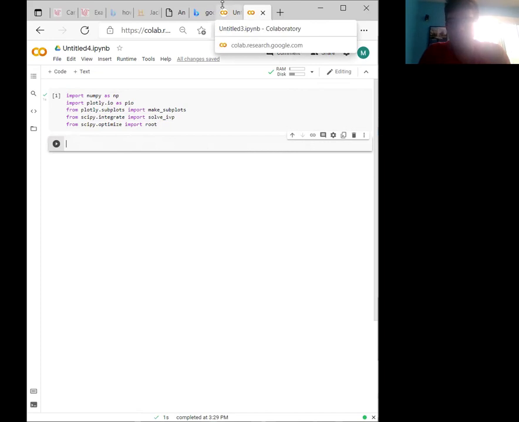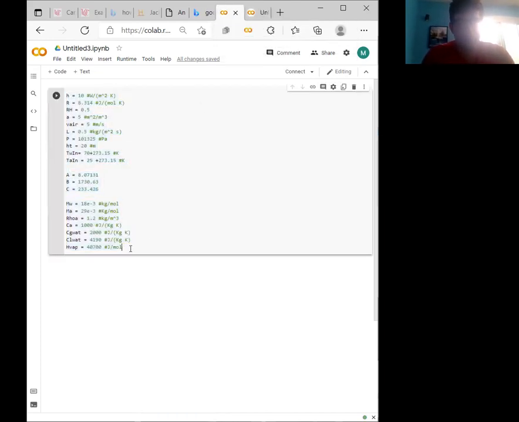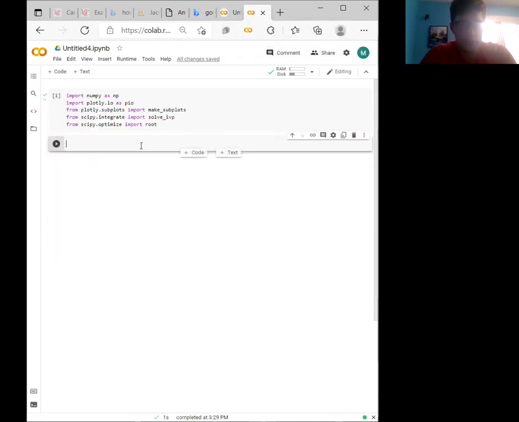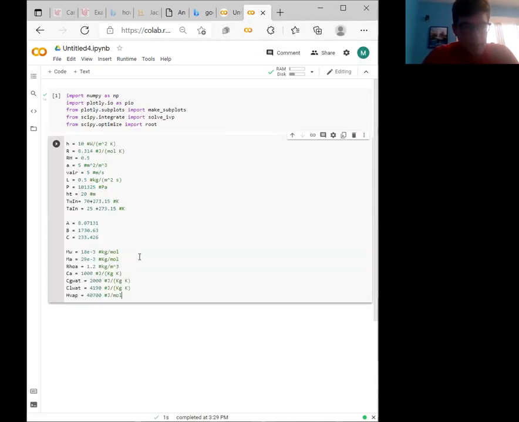I'm going to copy and paste that in here right now because I don't want to waste your time going over all of them. So I'm going to go to this good old trusty notebook and take all of our given information. I'm going to go through these variables really quick so that you know what they are. I don't want to just copy and paste and then move on.